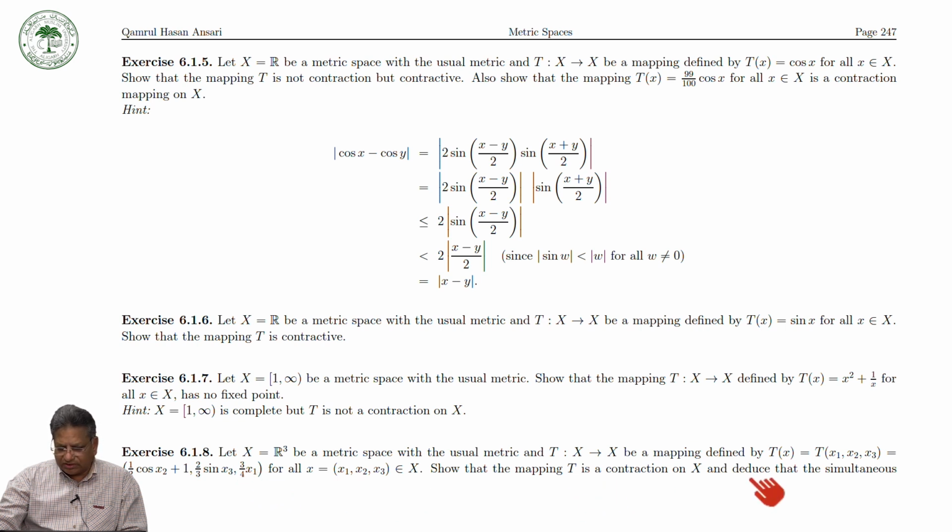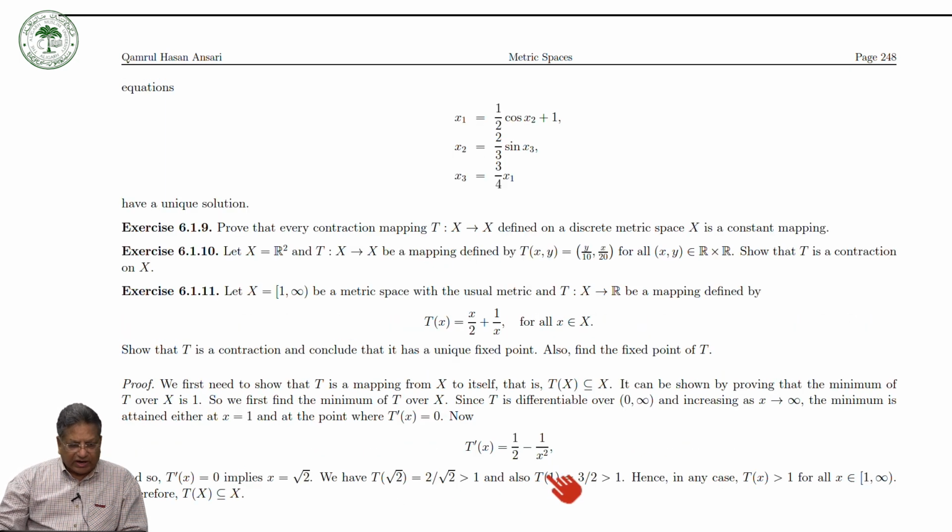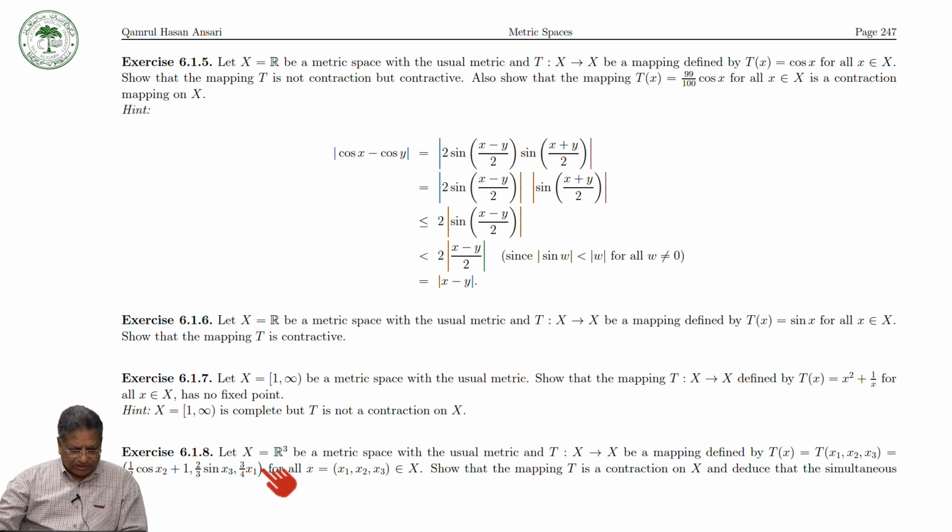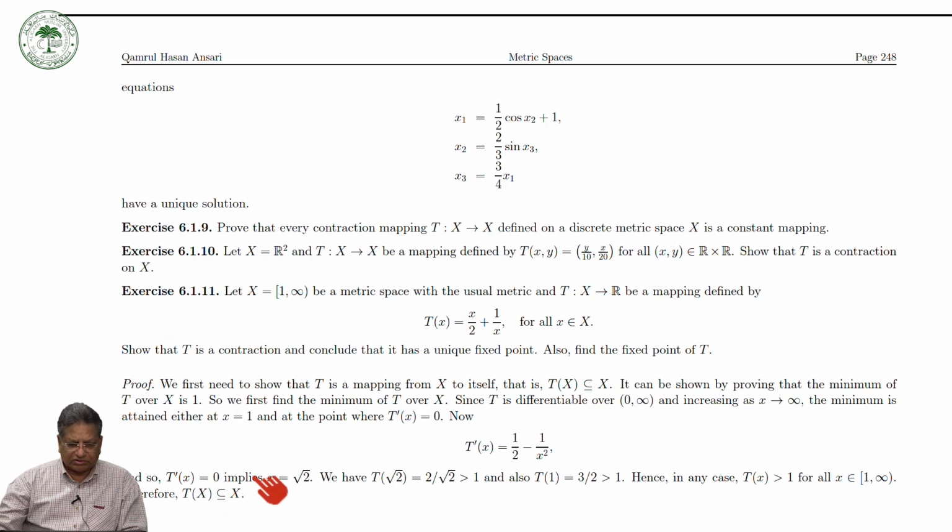Then show that T is a contraction map, and deduce that the system of equations has a unique solution. So this you can get very easily. Suppose this has a unique fixed point; the fixed point would be (x1, x2, x3). So x1 is equal to this, x2 is equal to this, and x3 is equal to this. This is the same as this one. So it means that it is a unique fixed point.